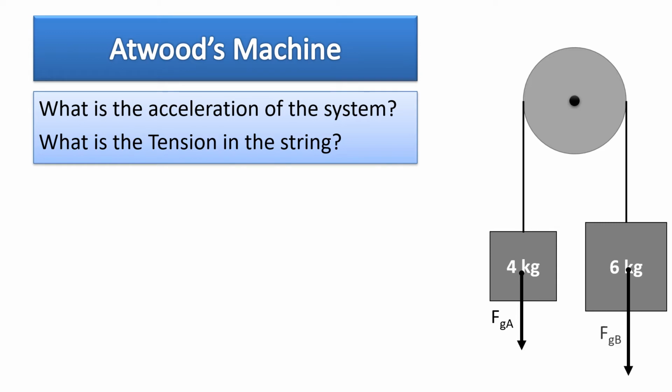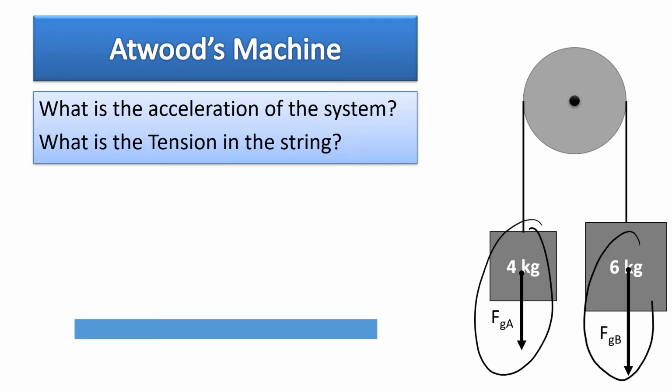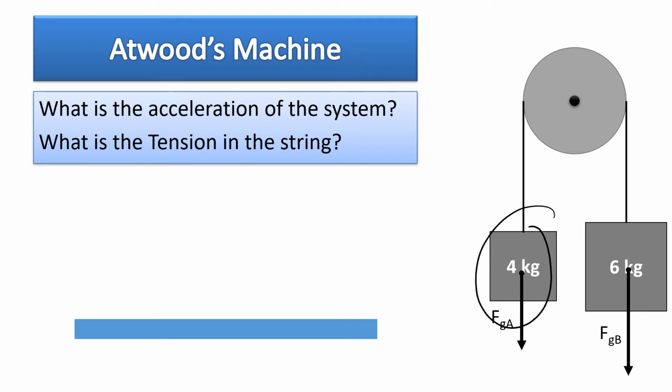We're going to draw the weights, but the problem with them both pointing down is it looks like they're pointing in the same direction. But this one is making you go counterclockwise, and this mass is making you go clockwise. So they're in opposite directions. The way we have it drawn here, it looks like they're in the same direction.